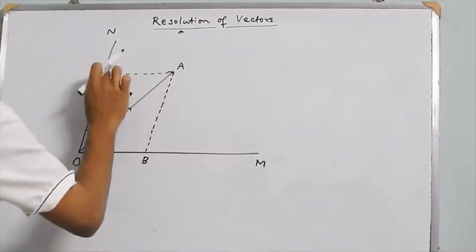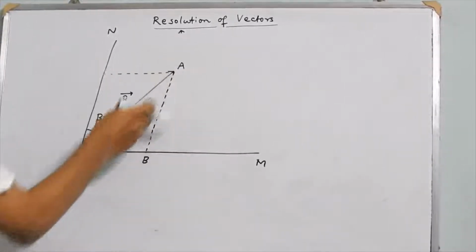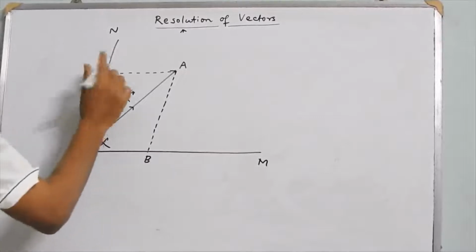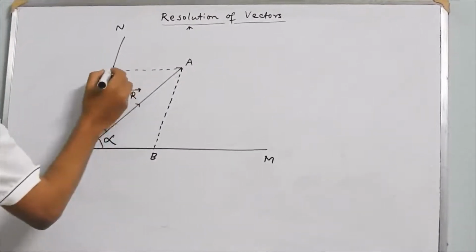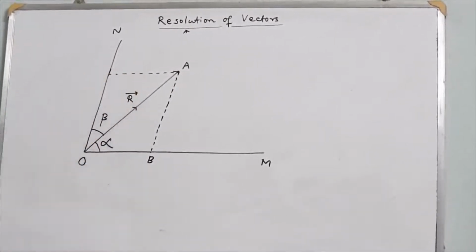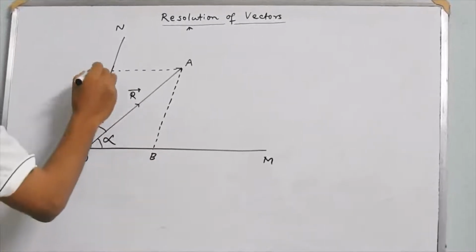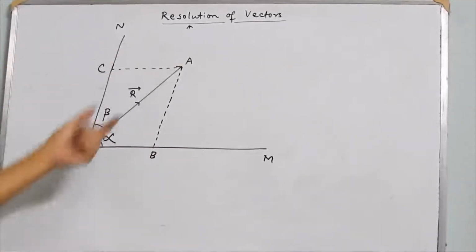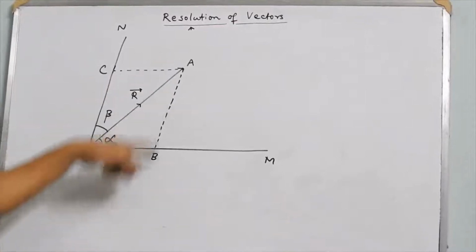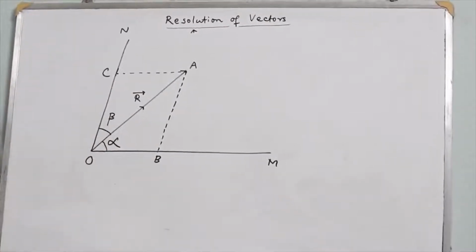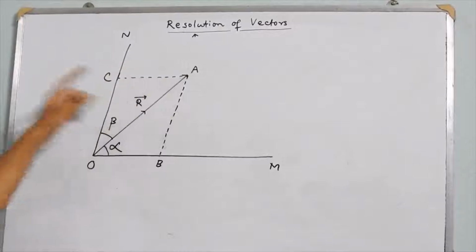Let me name this dotted line AC. So AC is parallel to OM and AB is parallel to ON. That means we have a parallelogram OBAC.